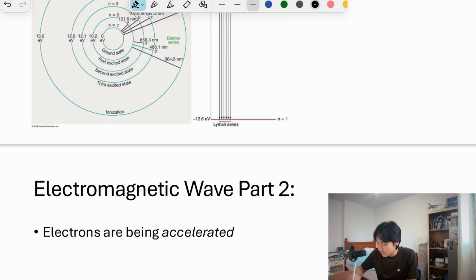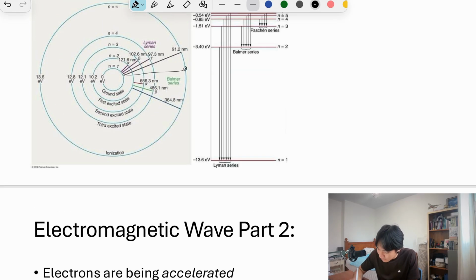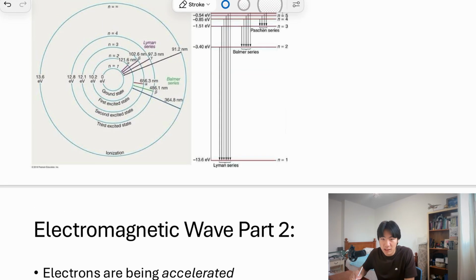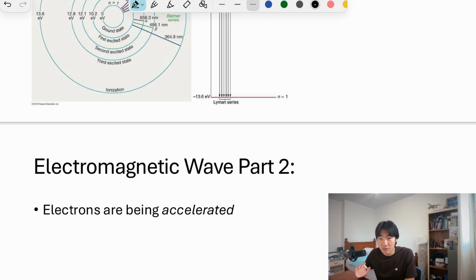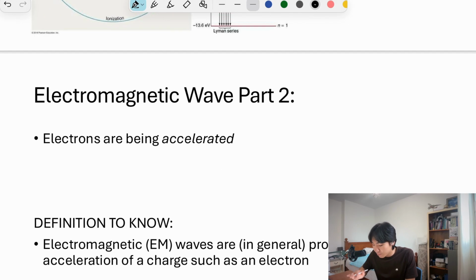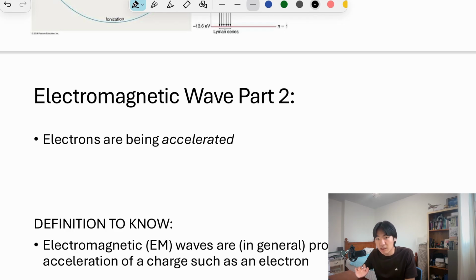They're being accelerated from here to down here, perhaps. I know this isn't 100% accurate to say, but I think this gives you a good intuition of how electromagnetic waves are created, that they're being accelerated, and this acceleration causes the electron to lose energy to release a photon.